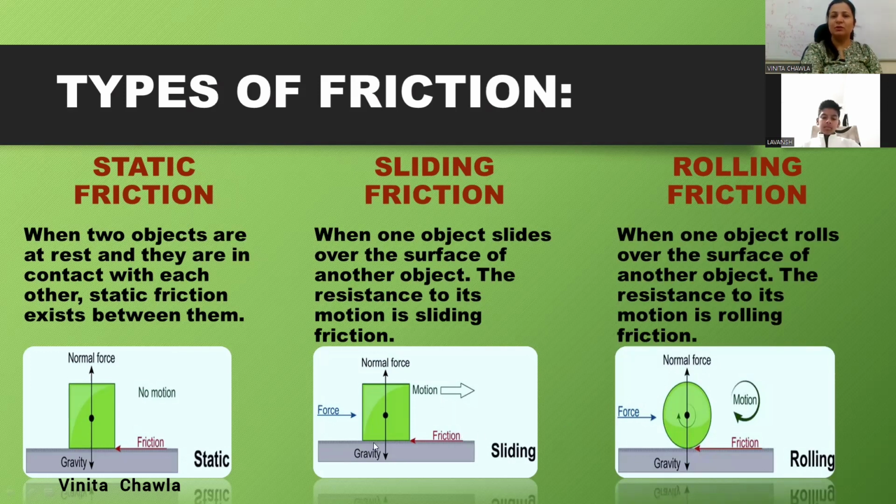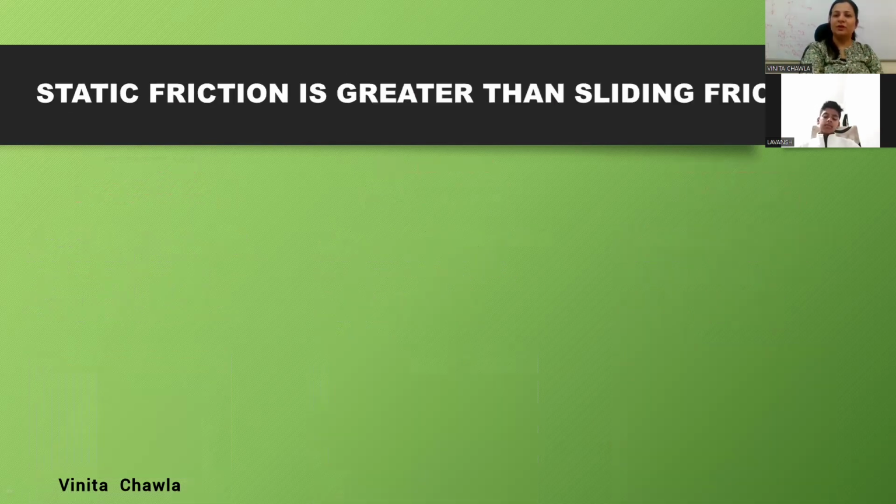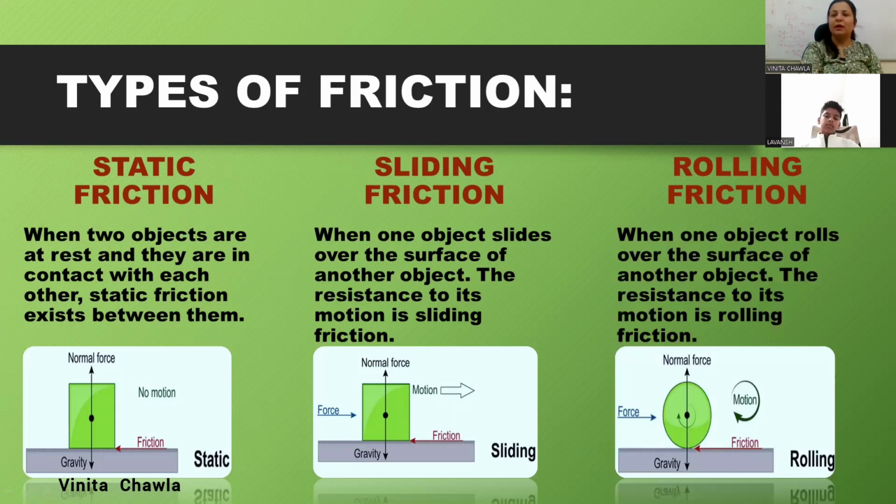This area is less as compared to this area, which is greater. When the object rolls over the surface of another object, new interlockings get formed, which need to be broken. So when it rolls, the object gets less time for interlocking.